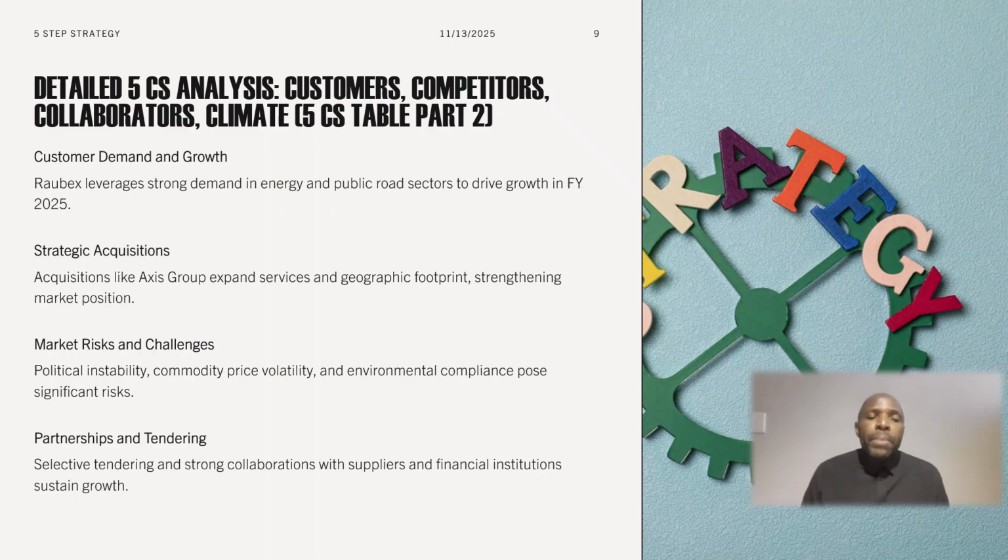Then market risks and challenges, such as political instability. Some of you will know it's not easy at the moment to operate in the construction industry in South Africa. There are many pressing challenges. And then partnerships and tendering: selective tendering and strong collaborations with suppliers and financial institutions sustain growth.